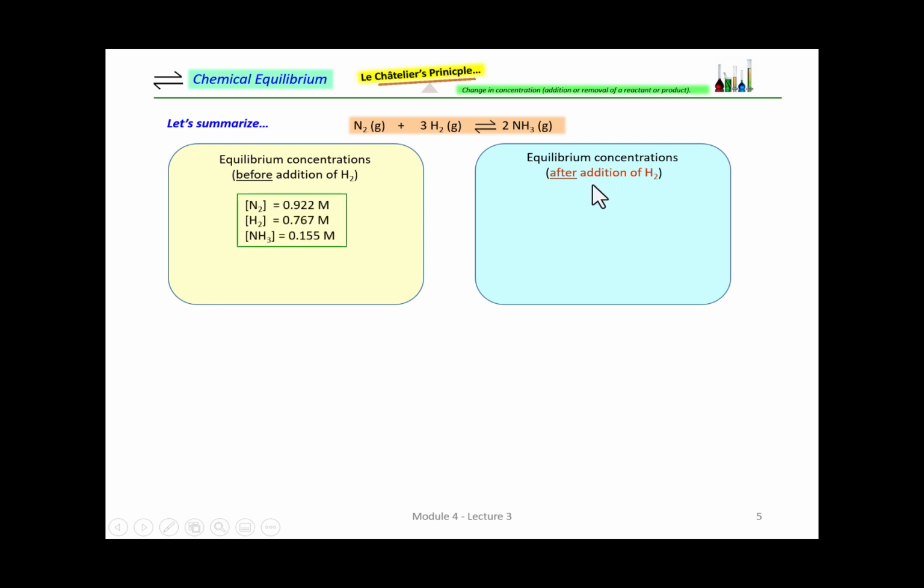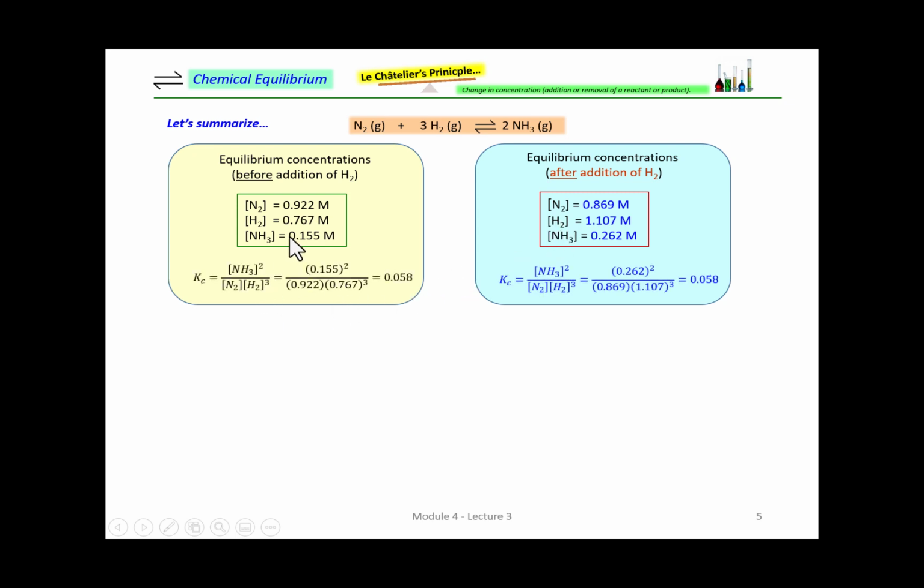So here are the concentrations of reactants and products when it was at equilibrium before we disturbed it. Here are the concentrations at the new equilibrium after we disturbed it and the system responded to the disturbance. And you can see that both sets of equilibrium concentrations check out.